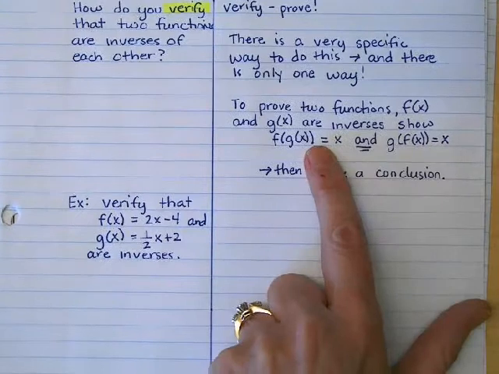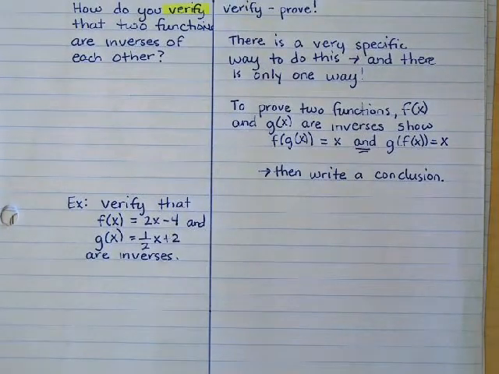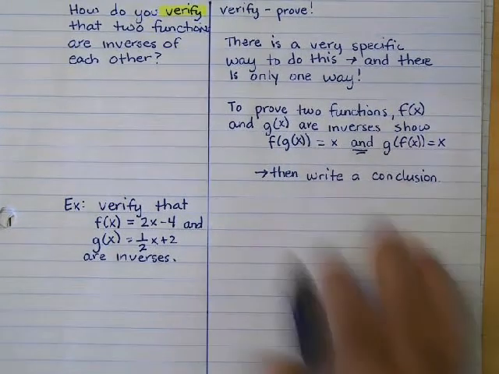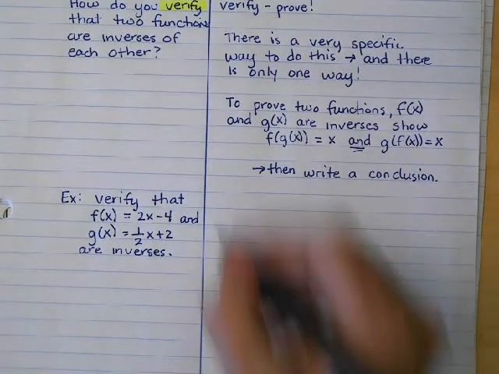Okay, we have to do this right here. And you want to make sure that you're labeling your work. I don't want to just see a bunch of stuff here that I don't know what it is.